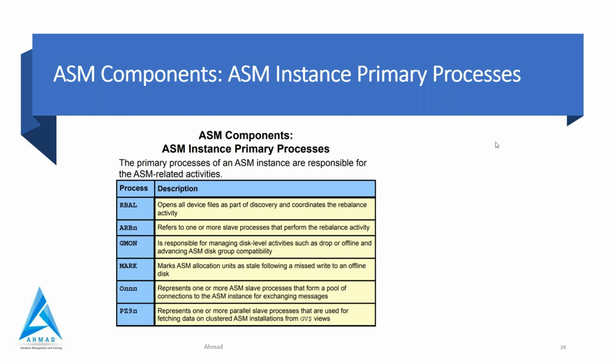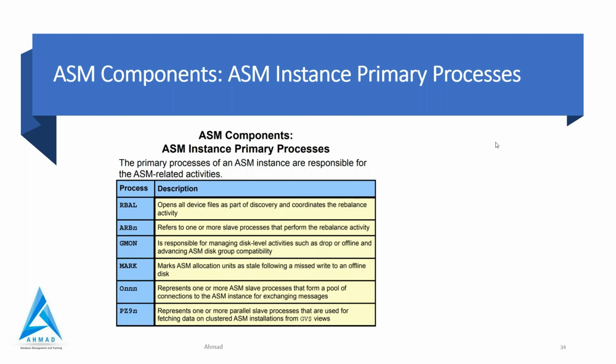Suppose any missed write happens for an offline disk, then at that time the disk marker process will come into the picture. Then Onnn represents one or more ASM slave processes that form a pool of connections to the ASM instance for exchanging messages.